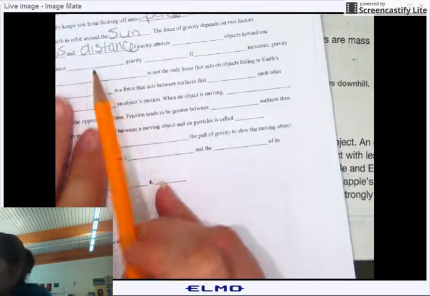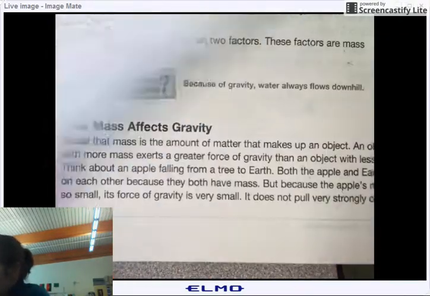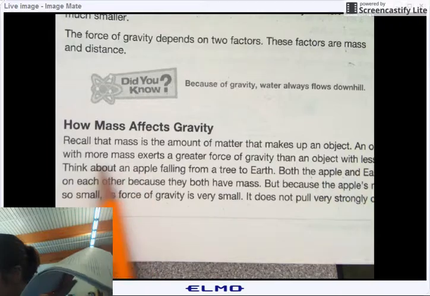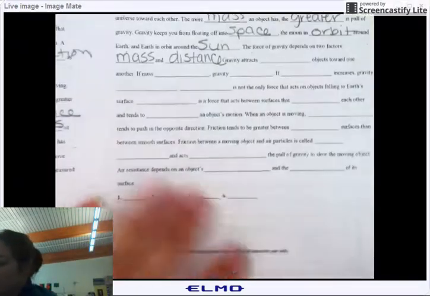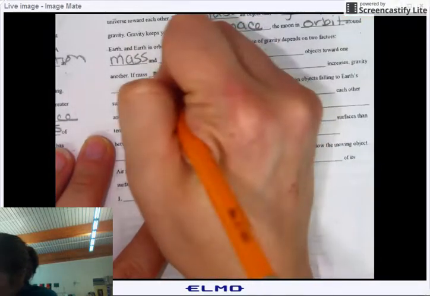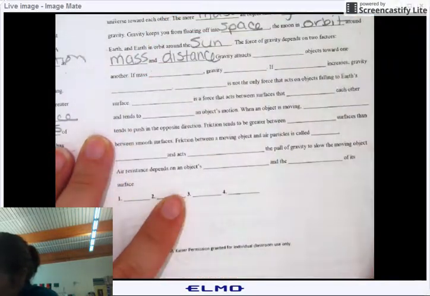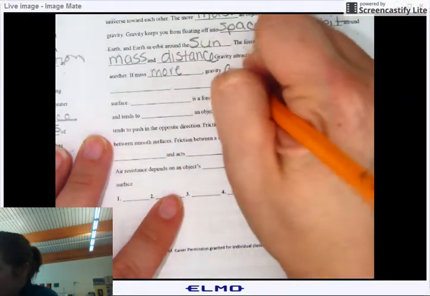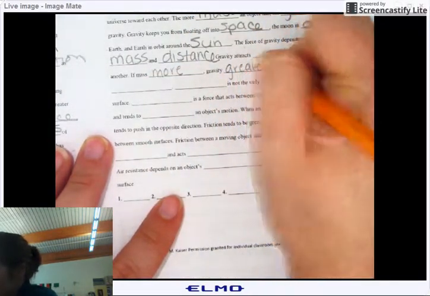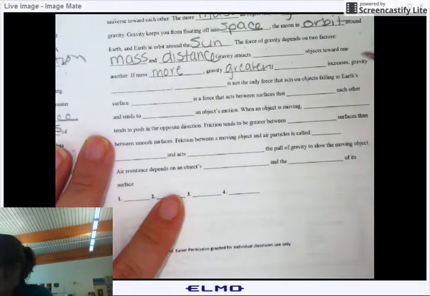Gravity attracts blank objects towards one another. If mass is more, it's going to have a greater force. So if mass is greater, gravity is going to be greater.